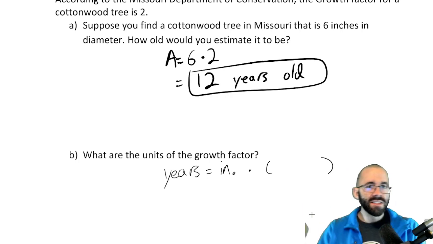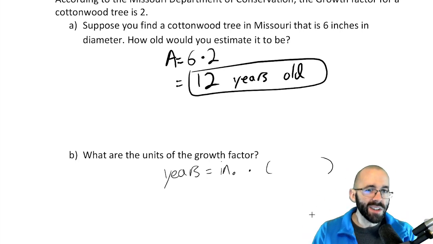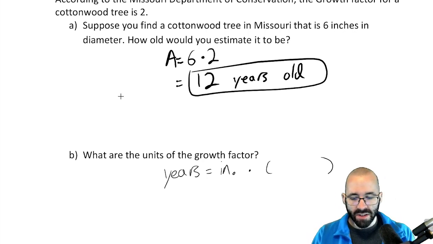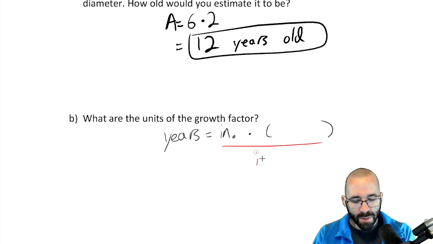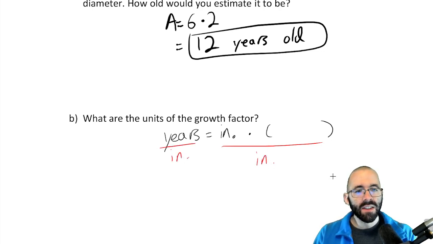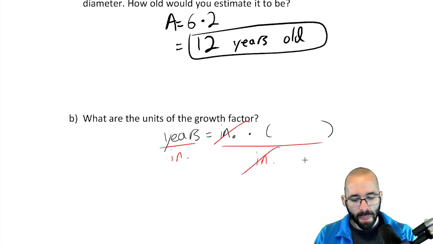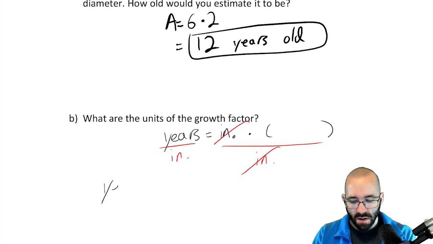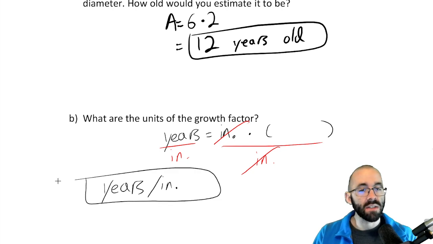Equations and all these things that we do with numbers really go with units too. So what we can do, and we haven't talked about this very much, is divide both sides by inches. To get that, what needs to go in the parentheses is years per inch.